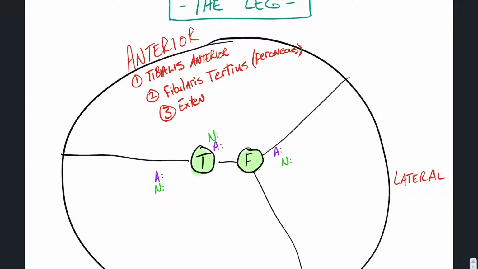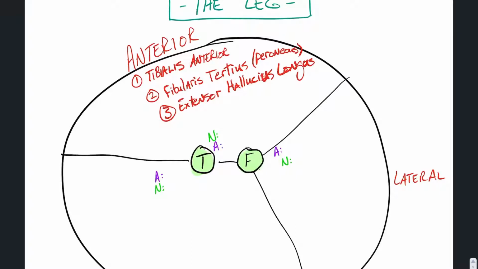Okay, and so if we work inward from that, deep to fibularis tertius, we have the extensor, what? Hallucis longus. L-U-C-I-U-S. Longus. It's hard to write and talk and think at the same time. L-O-N-G-U-S.